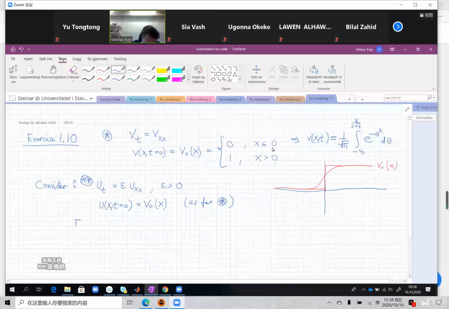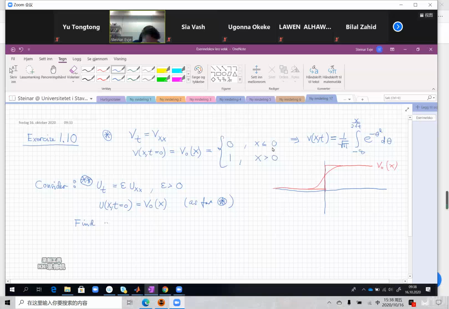The question is to find a solution of double star.